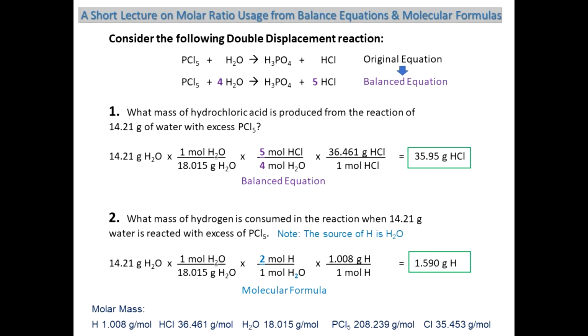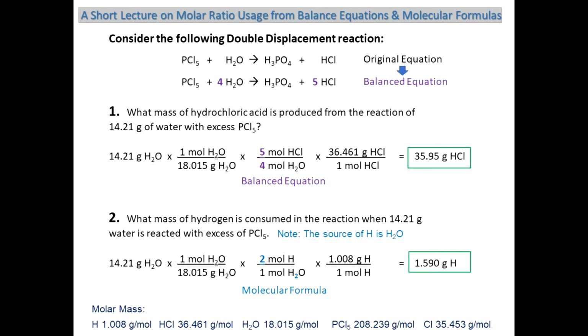We have 14.24 grams of water. We do times 18.015 gram water to mole water as the first conversion factor. Then that's times the mole of water to mole of hydrogen ratio, which is 2 to 1 based upon the molecular formula.